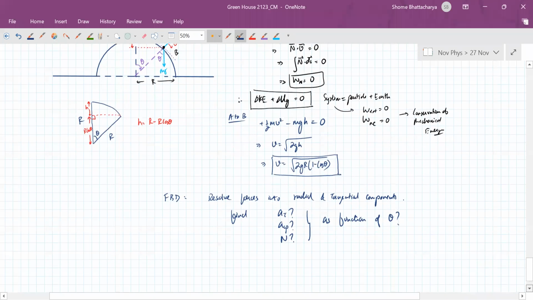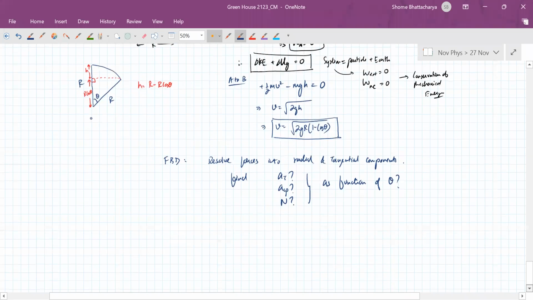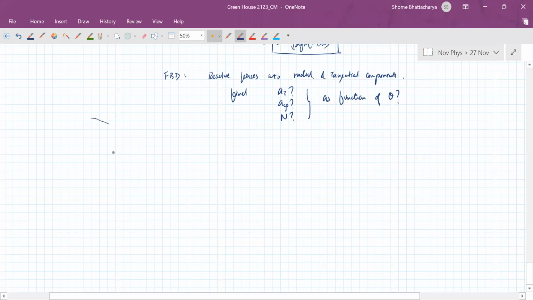Okay, so now looking at the free body diagram, after resolving the forces, we see that this is mg cos theta, sorry, mg sin theta.